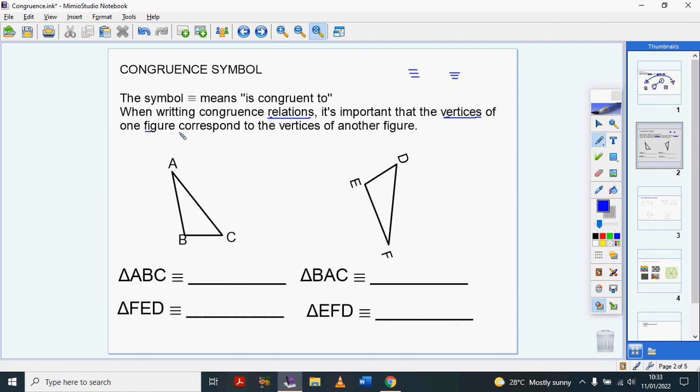However, when we're writing congruent relations, it's very important that the vertices or the points or the corners of one figure correspond to the vertices of another figure. So these two triangles are the same exact shape and size, and you can see that easily when you try to rotate them.